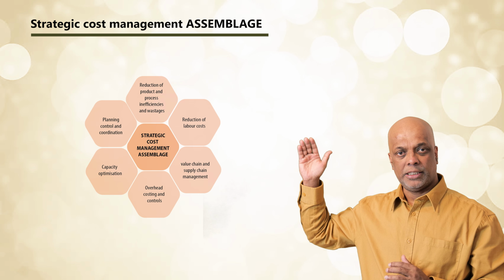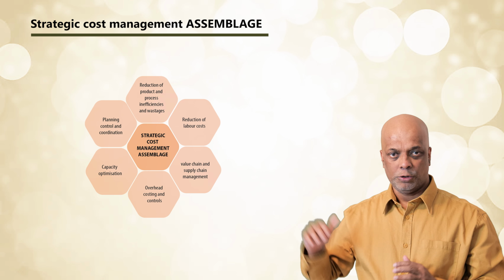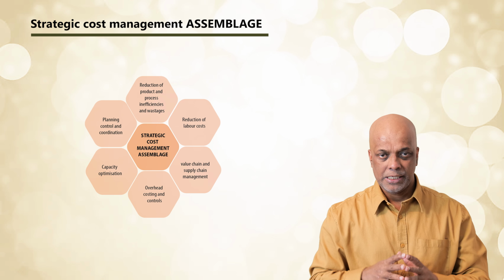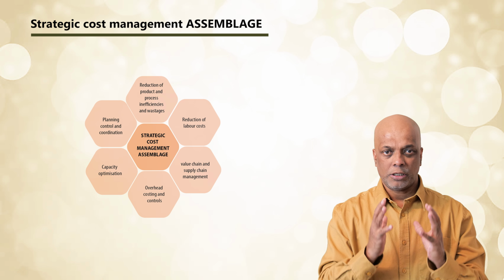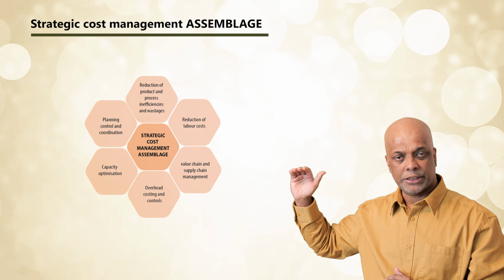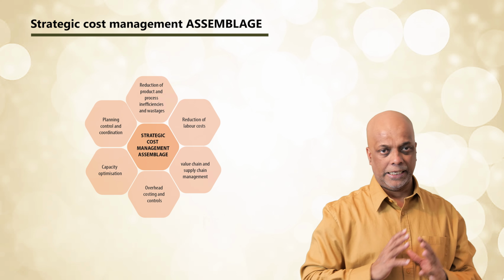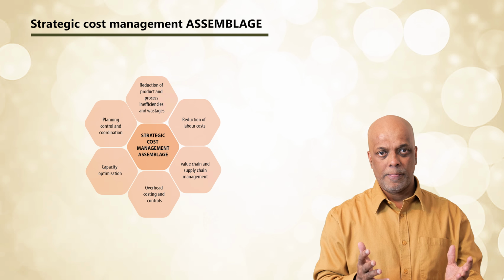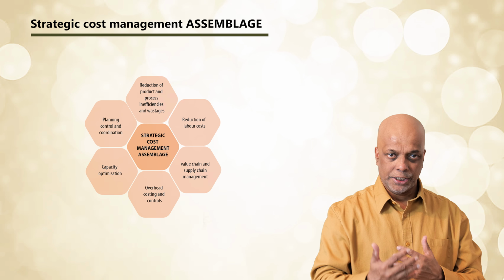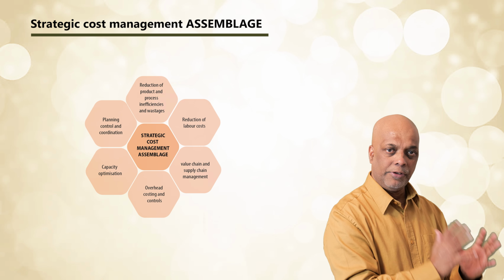So those are the key themes or key elements according to which strategic cost management can be explained. And as you will understand, most of the concepts, techniques, and procedures we will cover under each of these 6 themes are what we have already discussed in our previous lectures. So therefore, this strategic cost management lecture would be a revisit and a reflection of what we discussed previously.